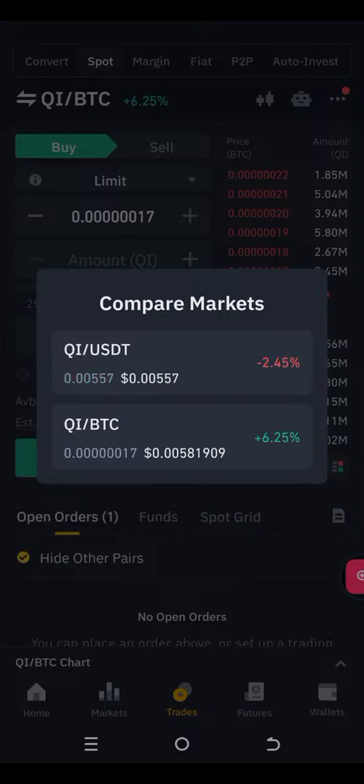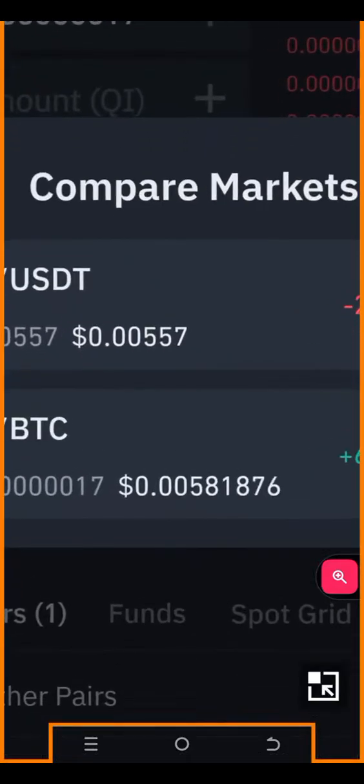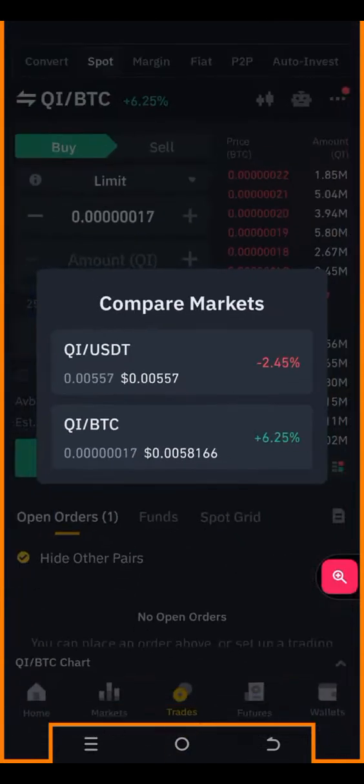Let me magnify this for you. You'll see that QI USDT is 0.0557 while QI BTC is 0.058. So obviously we know that the cheaper one is USDT, so we're going to start with that.